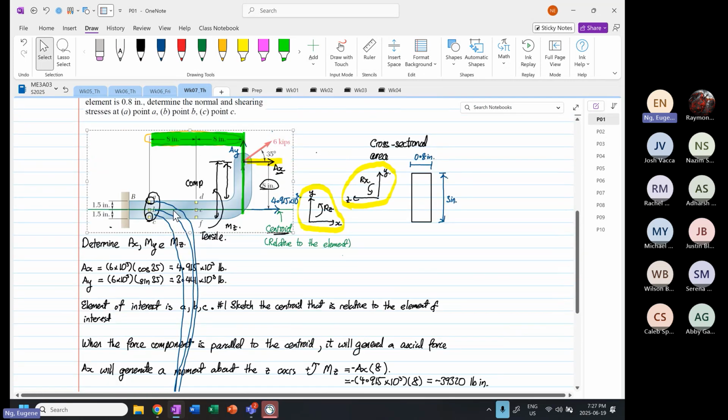By looking at this structure now, I'm going to copy this diagram over here.